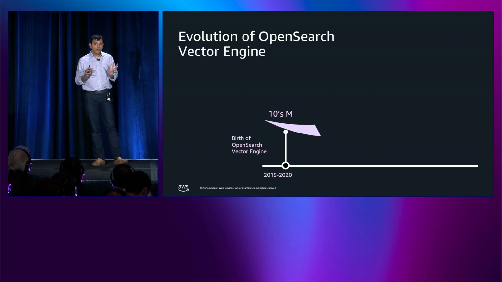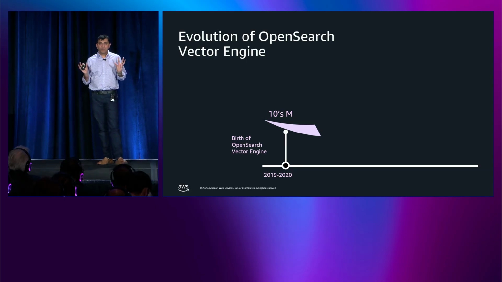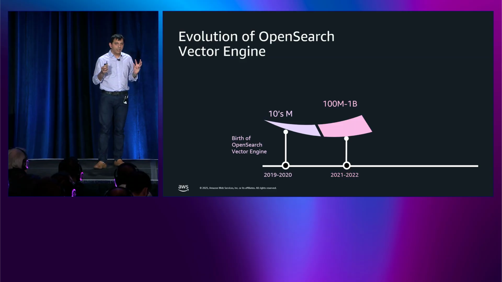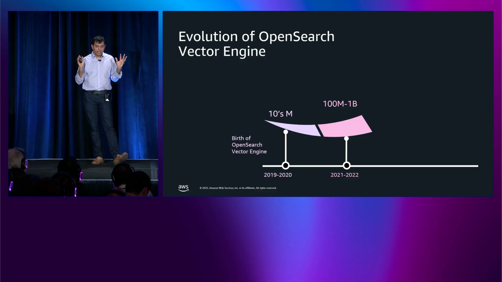At that time, there were very few machine learning use cases, for things like personalization and similarity search, and maybe 10 million vectors was sufficient. So OpenSearch started with that, and as years progressed in 21, 22, that grew to 1 billion vectors, and we were supporting more of the BERT kind of models that were out there, still a reasonably small size.